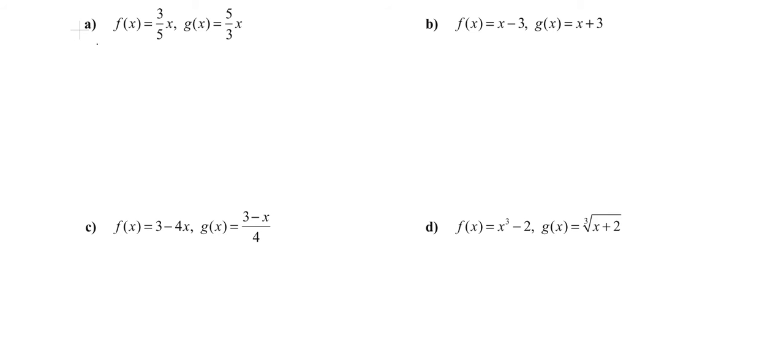Okay, so you start off with f of g of x, which equals 3 over 5 times 5 over 3 x. You cancel these out, and you're left with an x.